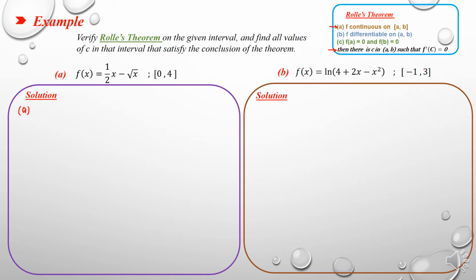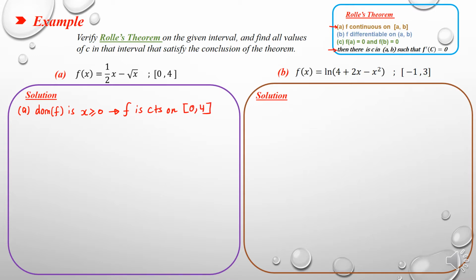The domain of f is x greater than or equal to 0, because we have the square root of x. So in our interval 0 and 4, f is continuous on the closed interval [0, 4].